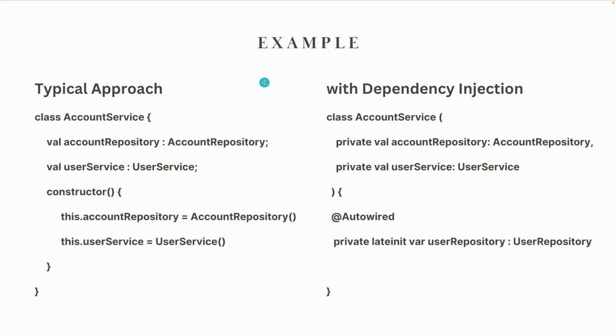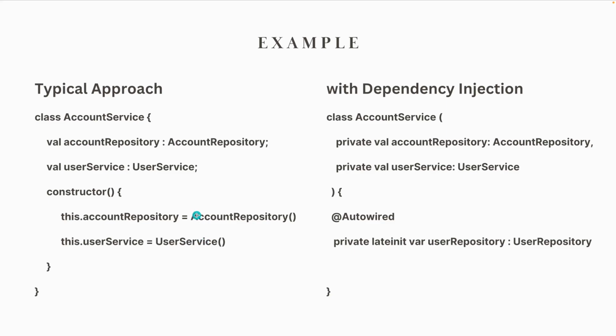All right, so an example to help drive this home, inversion of control and dependency injection. We can see the typical approach. If you took your normal Java course or Kotlin course, you know this approach: you have a class, and in this case it's called AccountService. And you have a couple of variables, and right now they're empty, but on the object creation of AccountService, we'll then initialize those variables with the instance of, in this case, AccountRepository and UserService.